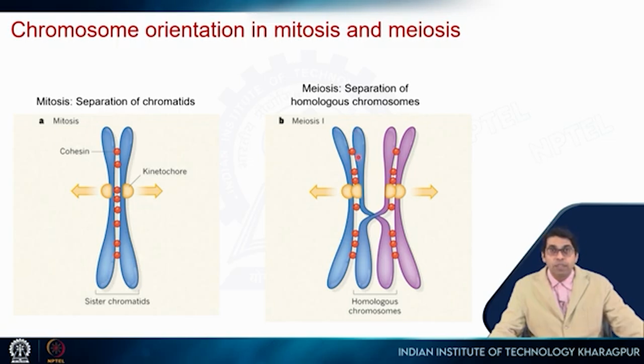In case of meiosis, the two chromosomes are present side by side. So, this is from the paternal, this is from the maternal, and both are connected on one side and here both are connected on the other side, and here crossing over happens. So, some part of this chromosome will go here and some part of this chromosome will go here.